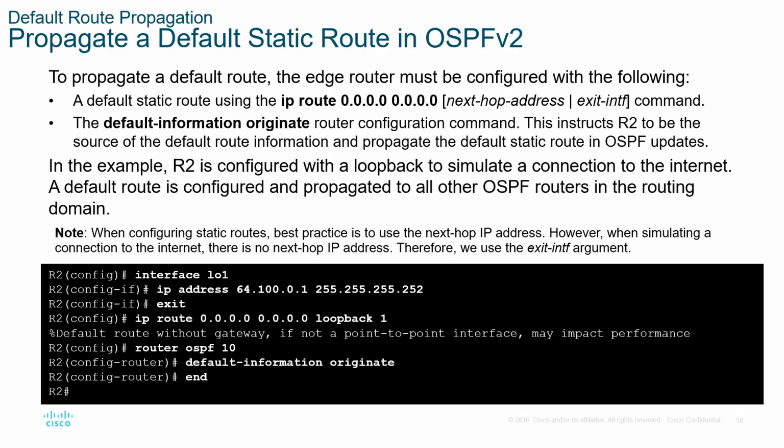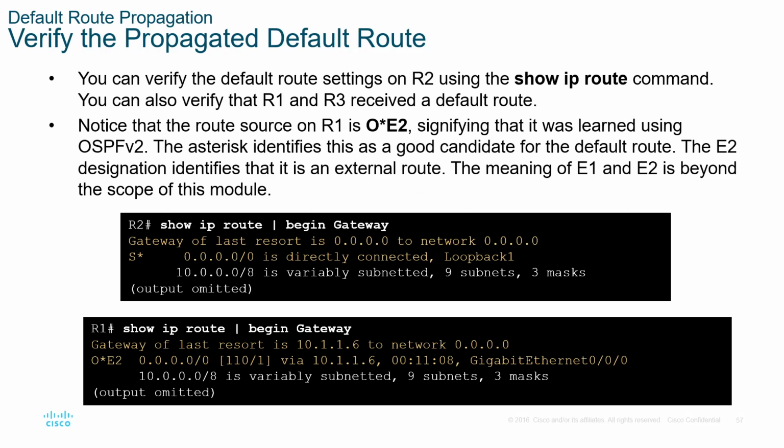It's not in the enterprise network. It's not in the VLANs. It's not anywhere inside of the company's network. What do you do with it? Ship it out to the internet. There you go.